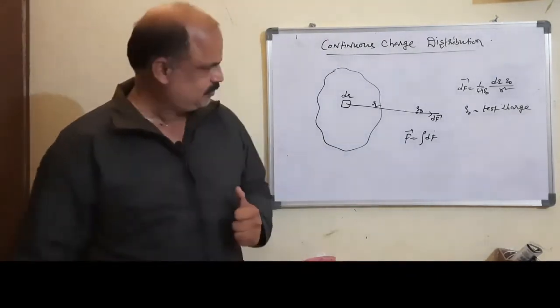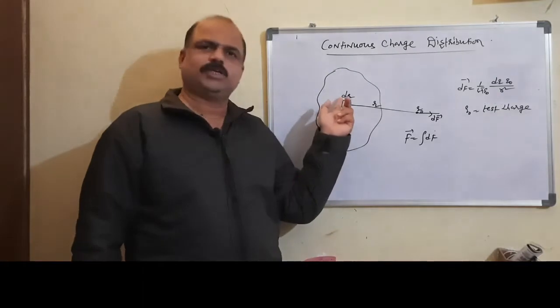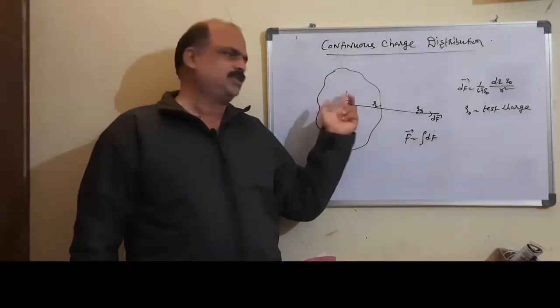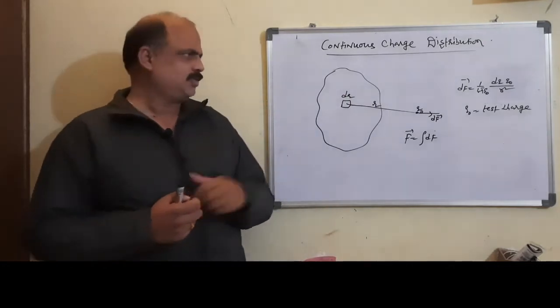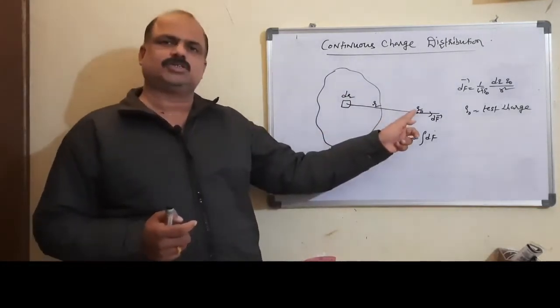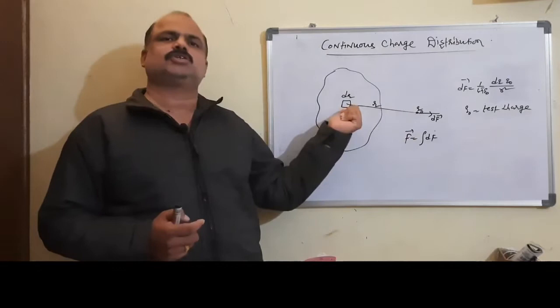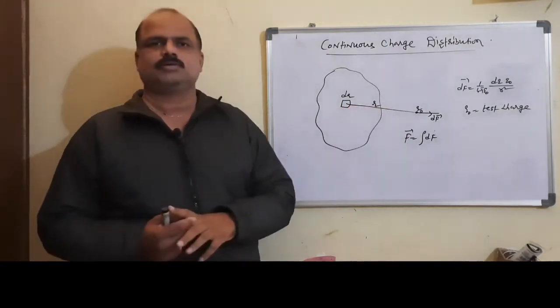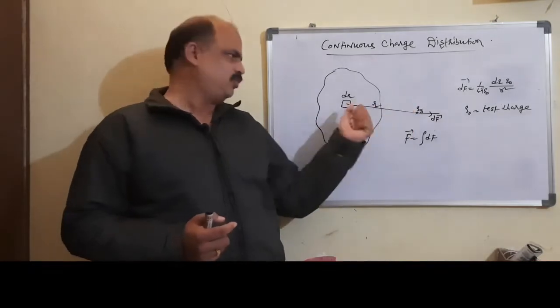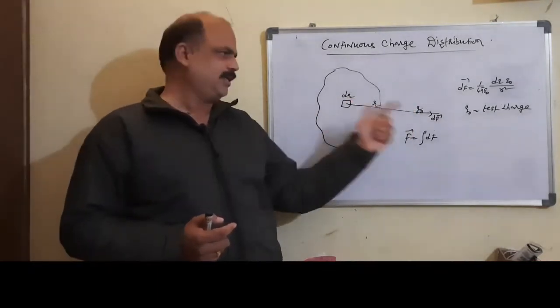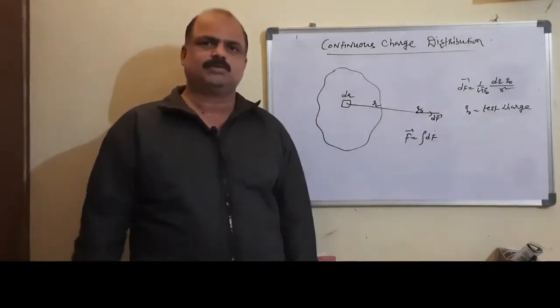Let us assume one charge element dq. This dq acts as a point charge. The distance of the test charge from this small charge element is r. The force acting on this test charge due to this small charge element is dF along this direction.